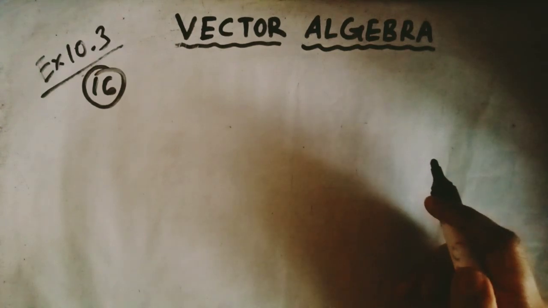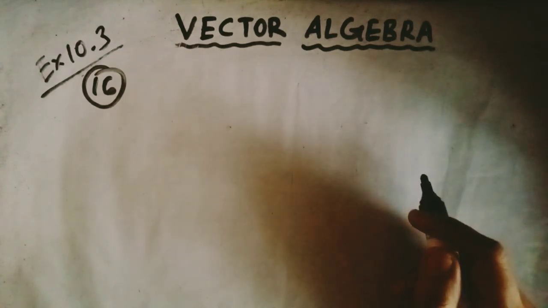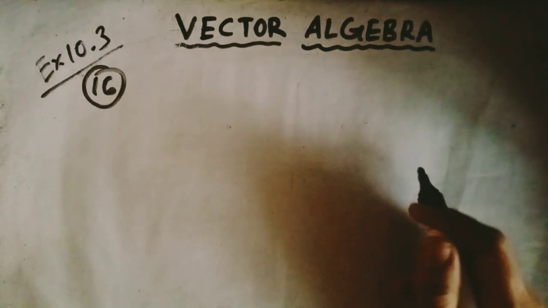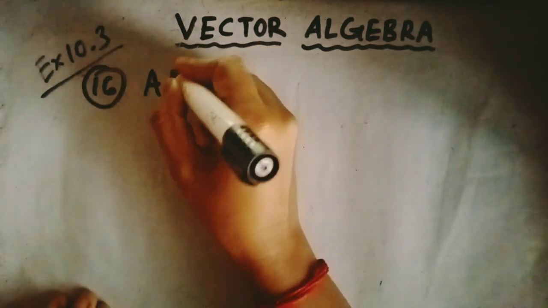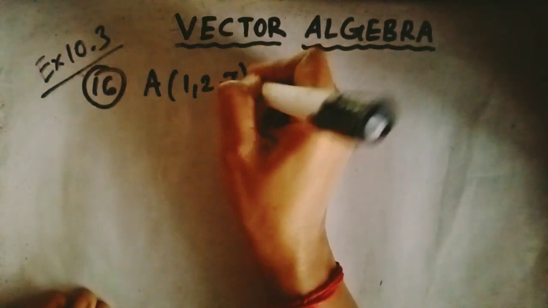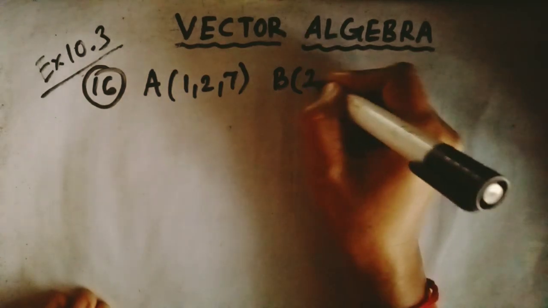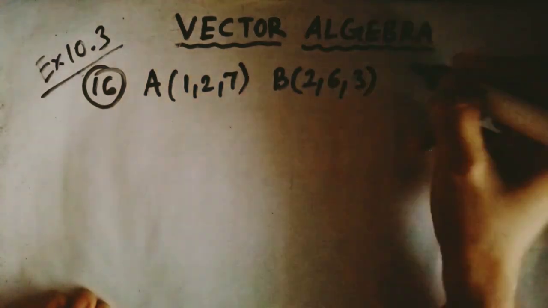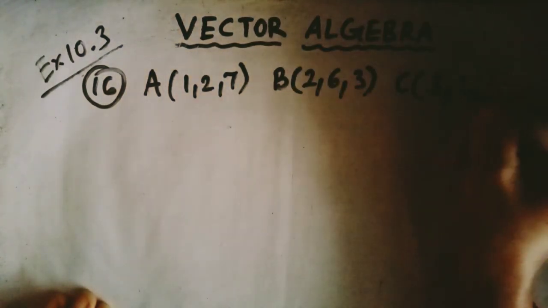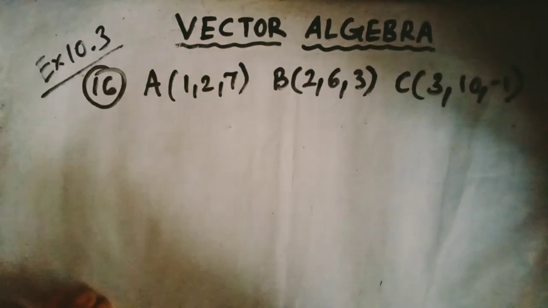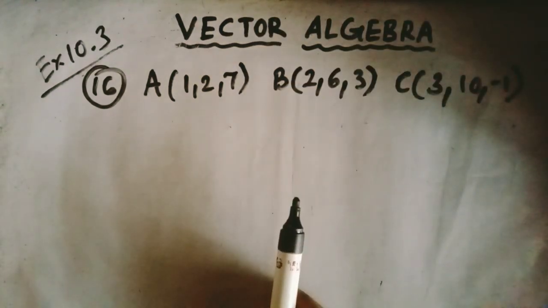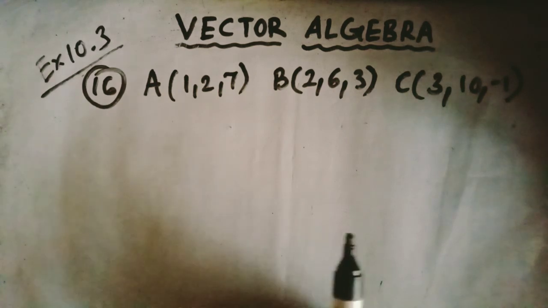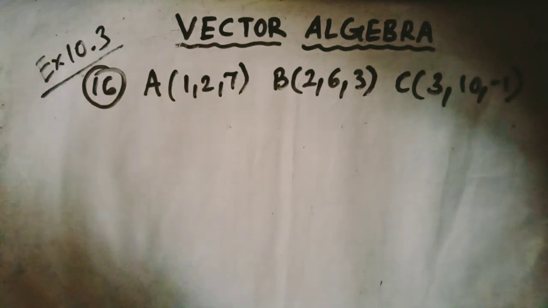Next question, it is question 16. You have to show that the points are collinear. So A vector is given 1 2 7, B vector is given 2 6 3, and C vector is given 3 10 minus 1. Now these points are collinear, that we can prove by two methods.